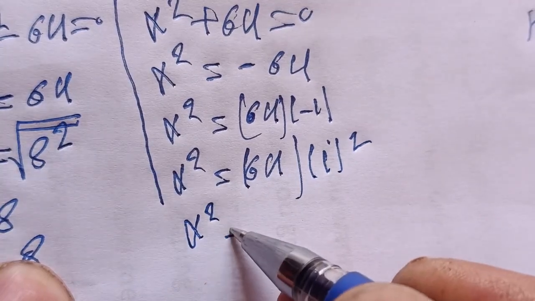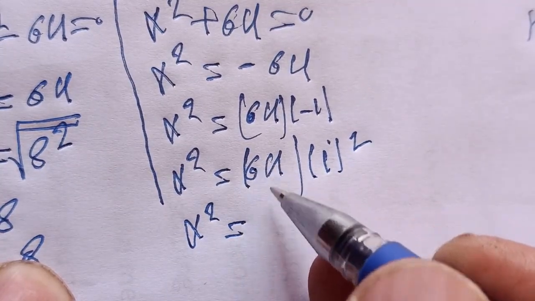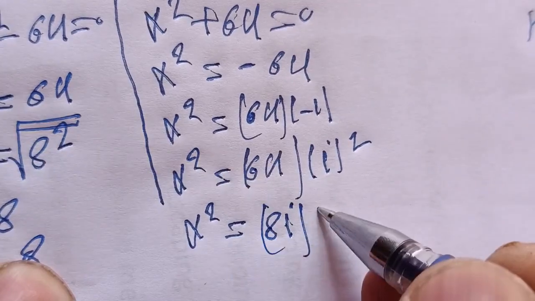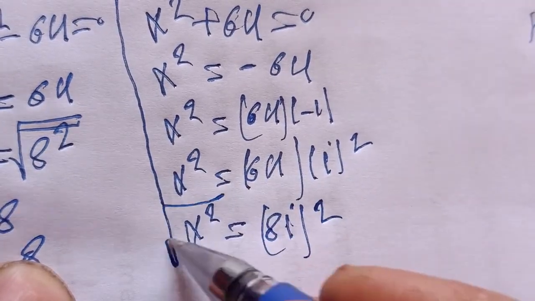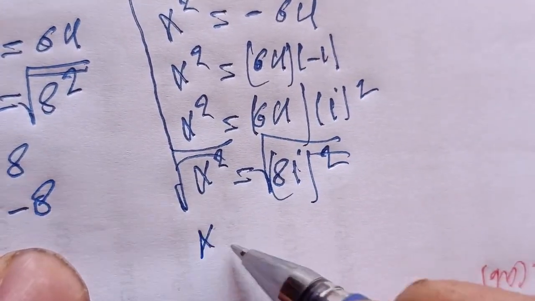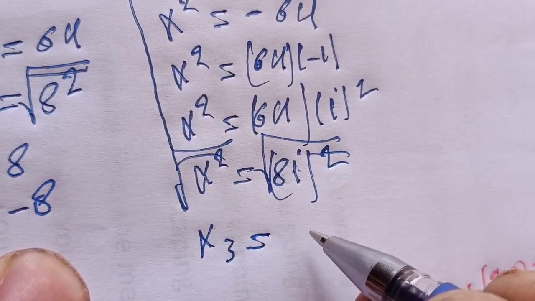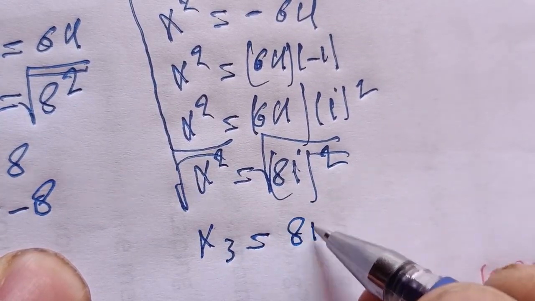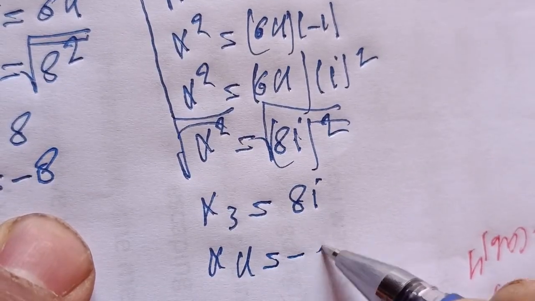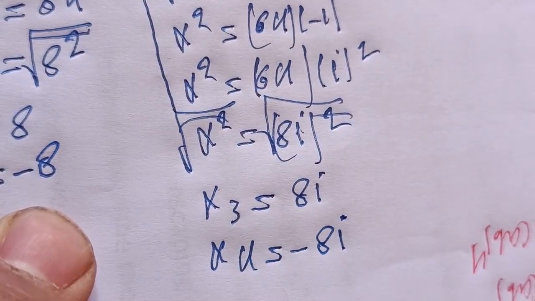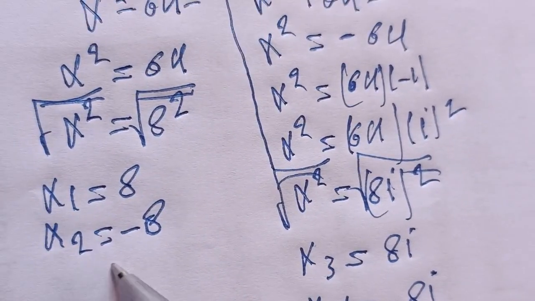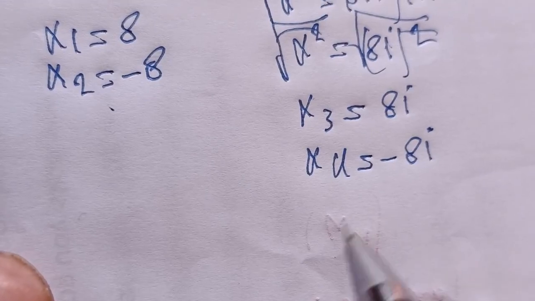So x squared equals 8i squared. Take the square root of both sides. The square and the square root cancel out. X3 equals 8i, x4 equals negative 8i. Now we check for two values, x2 and x4.